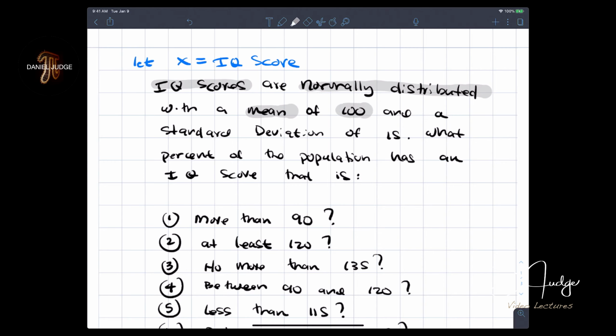That means mu is 100. And a standard deviation of 15. So that means the standard deviation here is 15.